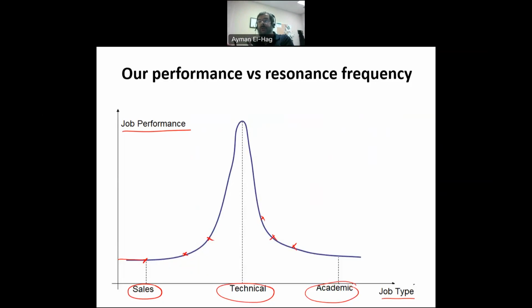In technical, should I do design, R&D, or maintenance, commissioning, and testing? In sales, should I become a leader or just a salesperson? We are different. What is good for me may not be good for someone else. So that's a very important question in our life: what is my resonance frequency?